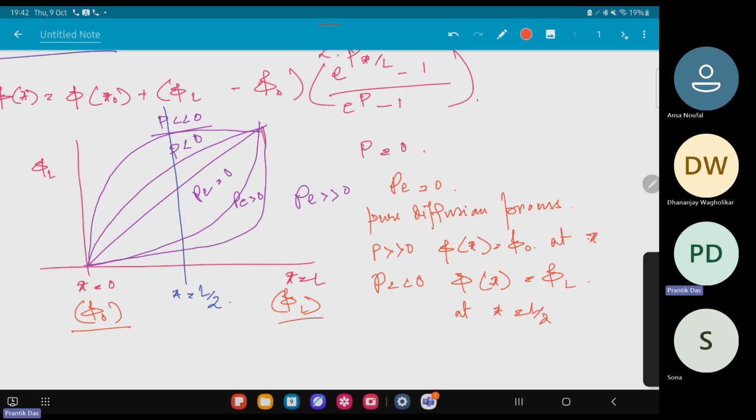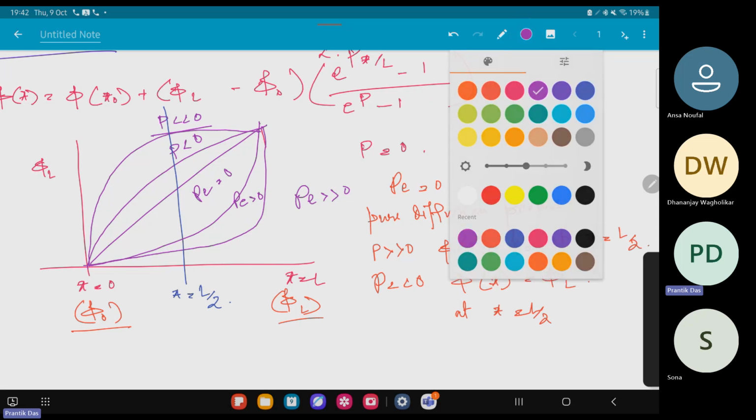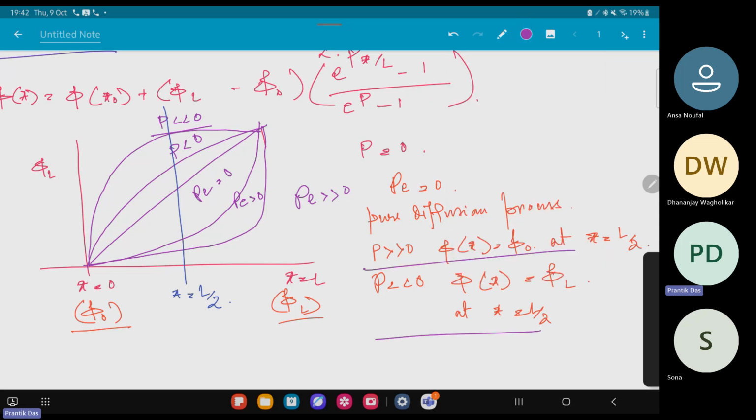So what you can do is change the Peclet number and plot the profile using MATLAB or Octave, and see how the profile changes. And whether the profile is concave or convex, you can see from the double derivative of the function itself.